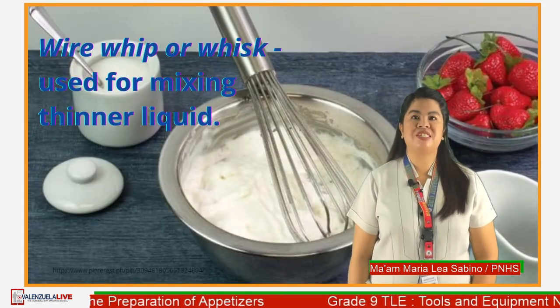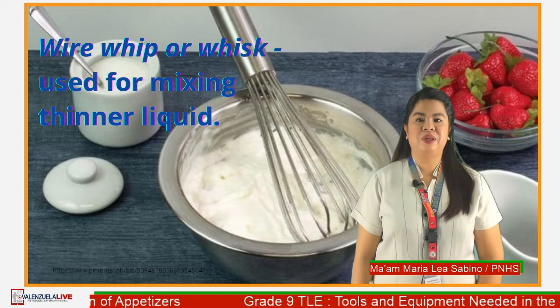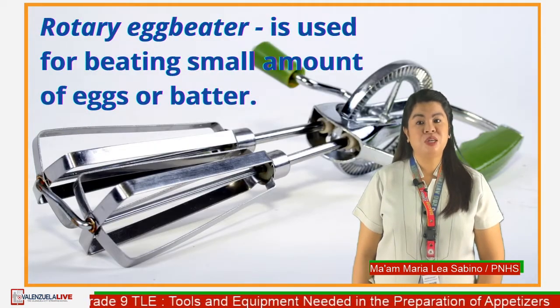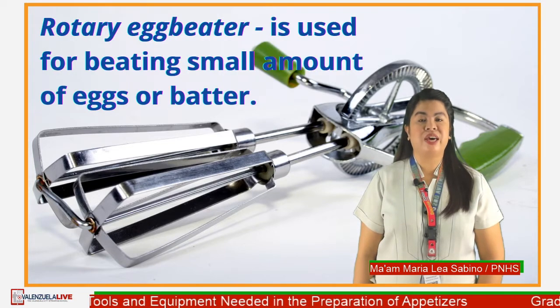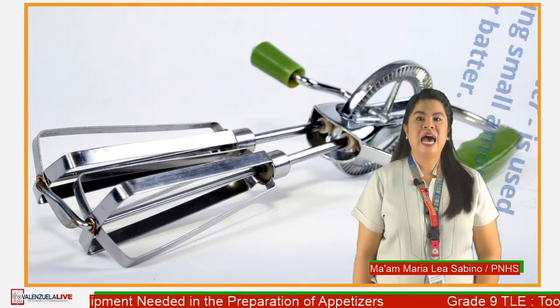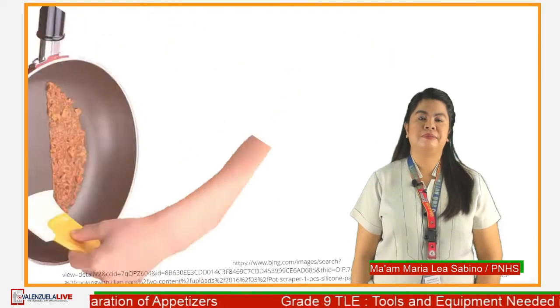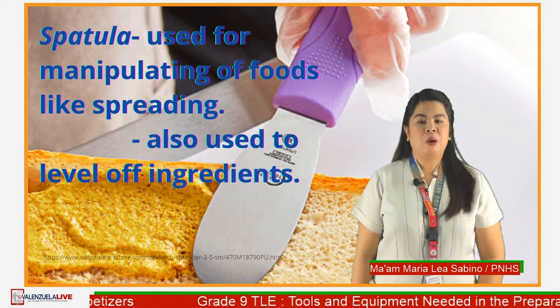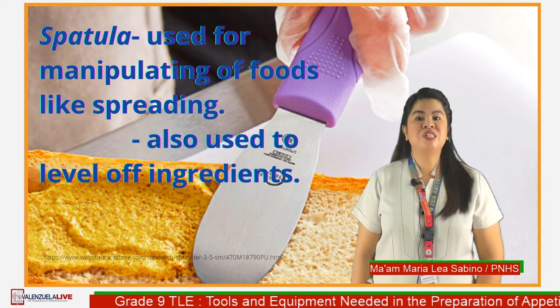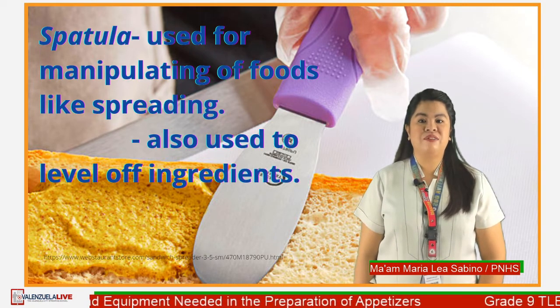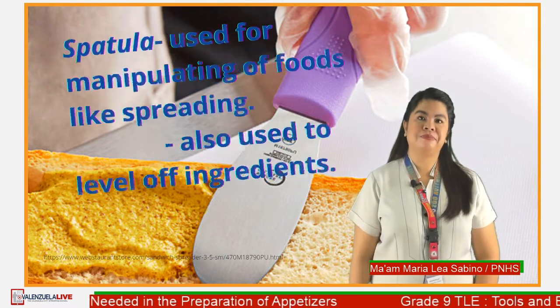Wire whip or whisk, used for mixing thinner liquid. Rotary egg beater is used for beating small amounts of eggs and butters. Scraper to scrape the food from the bowl. We have the spatula, used for manipulating foods like spreading, or also used to level off the ingredients.